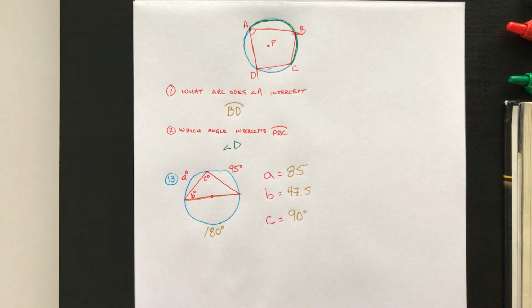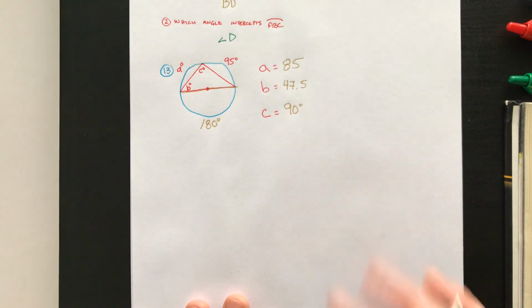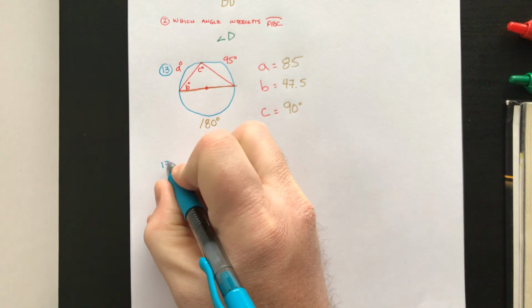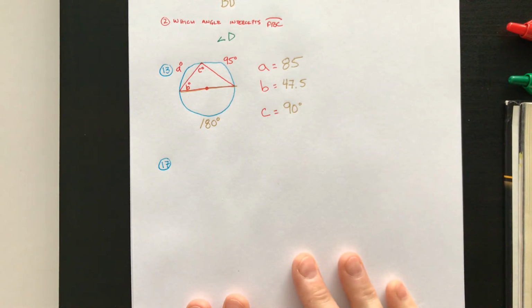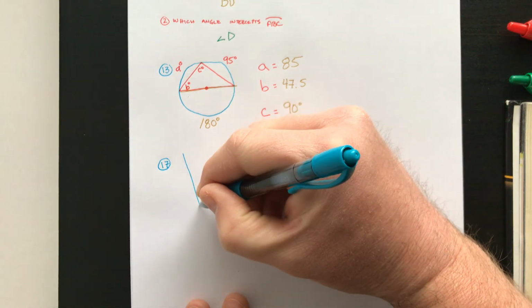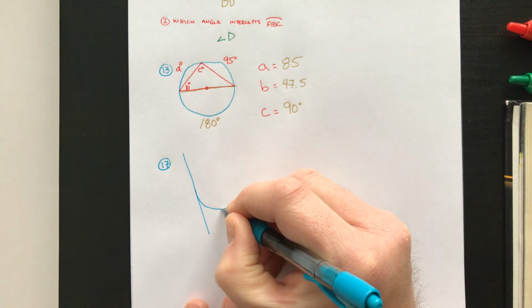And then if I do one more problem here, I'm going to do problem number 17 on the same page. All right, so for anybody that watches these videos, you're getting a few answers here on your homework. Number 17, it's a different kind of angle. It's not inscribed, all right?